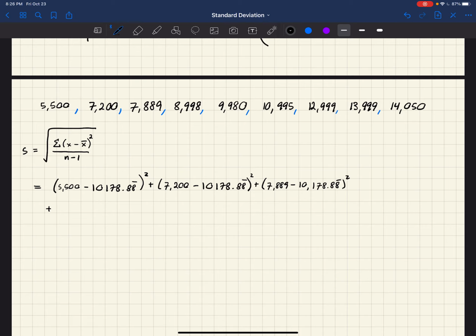So plus 8,998 minus 10,178.88 bar squared plus 9,980, 10,995. This is the third line of our numerator.